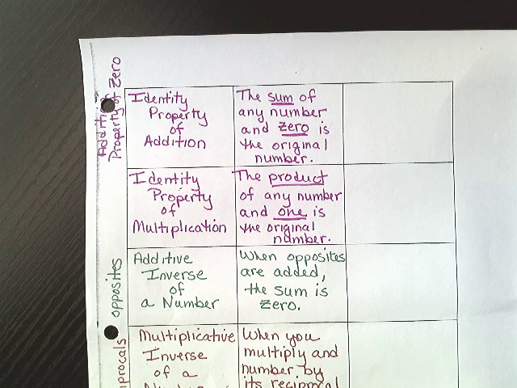Okay, 4 more. The identity property of 0. This is the sum of any number and 0, and the number stays the same. When you say identity, your identity does not change. So we don't want the identity of our number to change. If we want that number to stay exactly the same when we're adding, then we're going to add it to a 0.